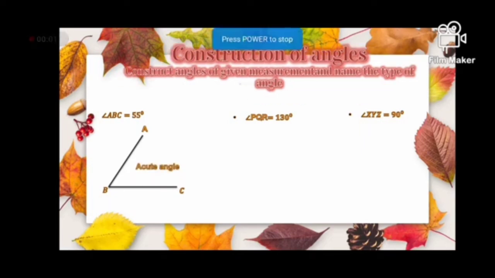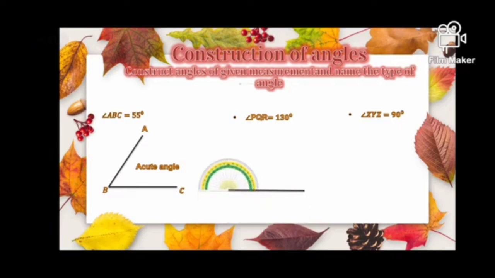Now to construct angle PQR equal to 130 degree, we will draw a line with the help of ruler of any measurement. Then place the protractor at one point and make an angle of 130 degree. Again we will measure from 0: 0, 10, 20, 30, 40, 50, 60, 70, 80, 90. This is the angle of 90 degree.